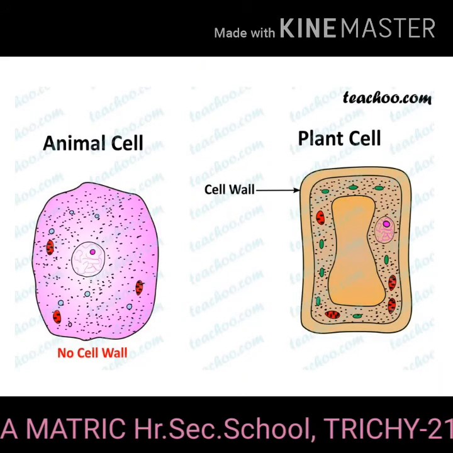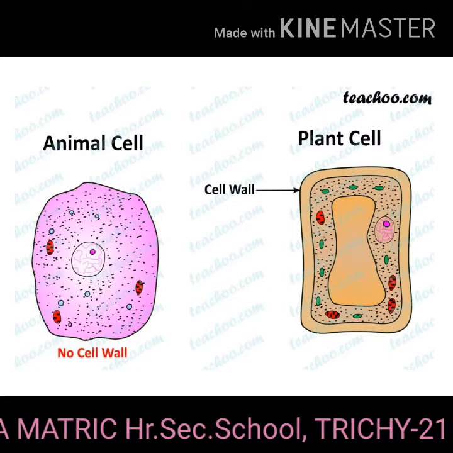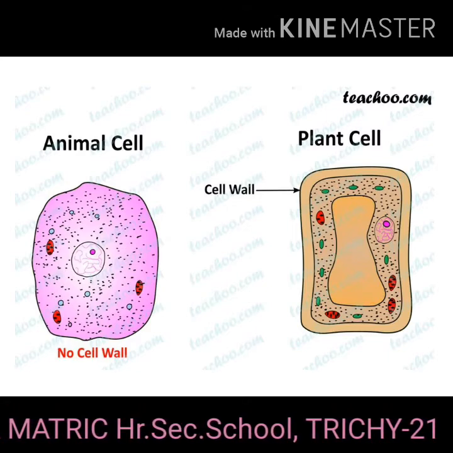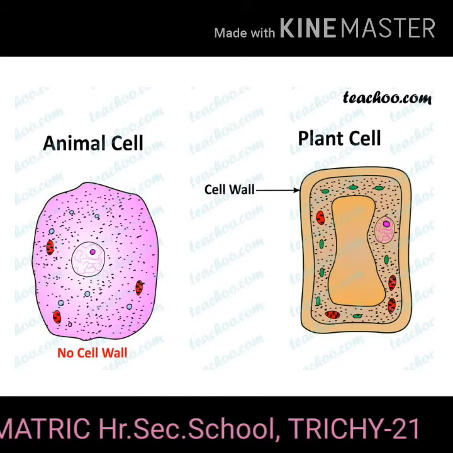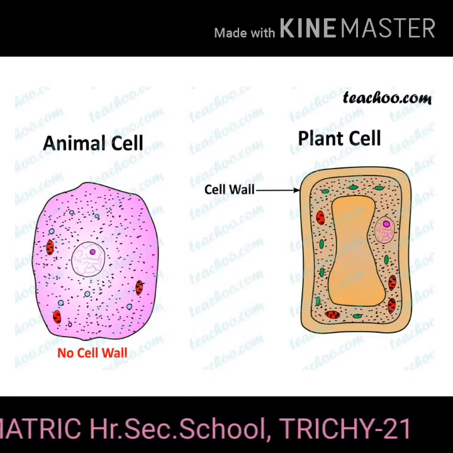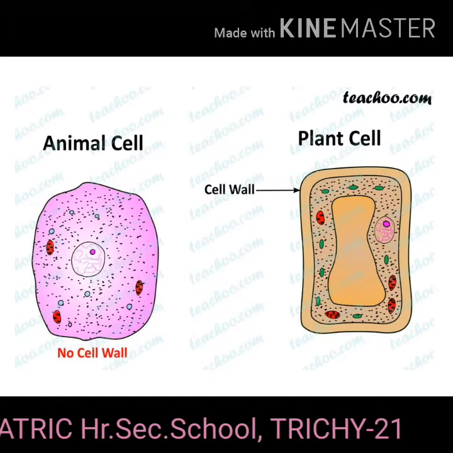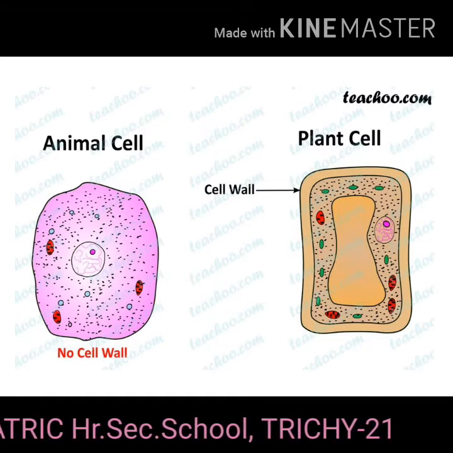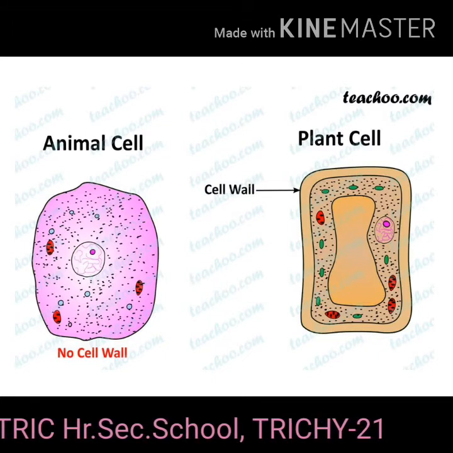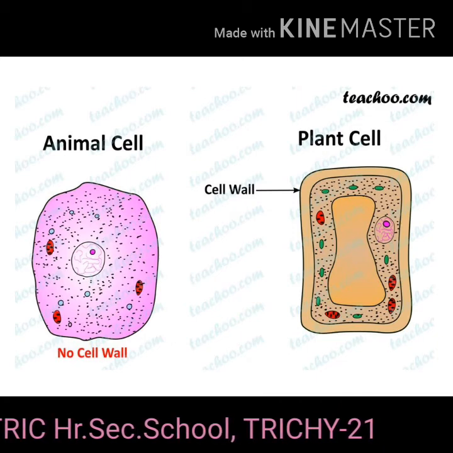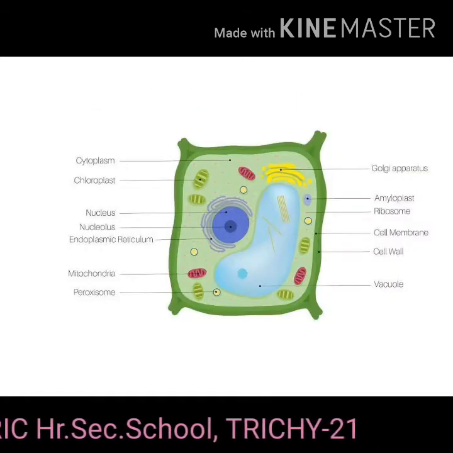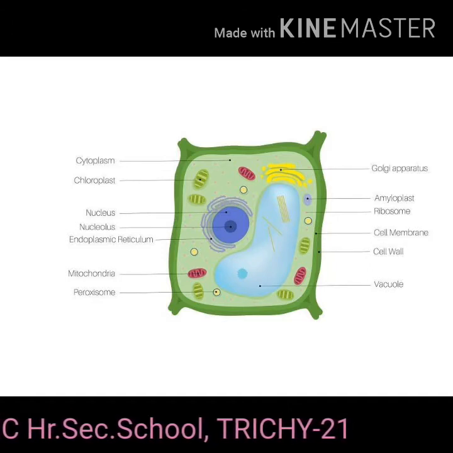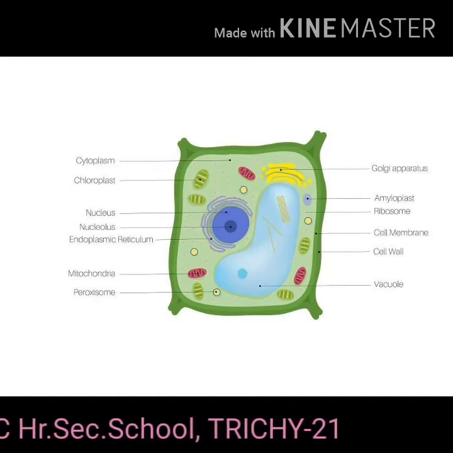Plant cell and animal cell. Both plant and animals are made up of cells. Both cells are eukaryotic in nature, having a well-defined membrane-bound nucleus. Plant cell is usually larger in size.